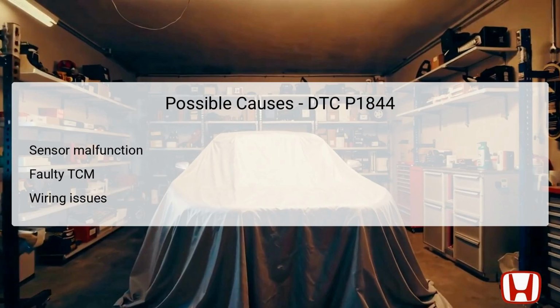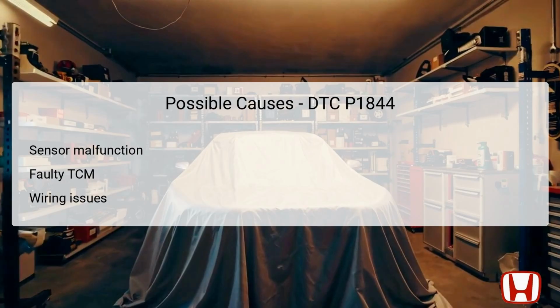The malfunctioning CVT drive pulley speed sensor is a primary cause of DTC P1844. When the sensor itself fails, it may send incorrect voltage levels to the TCM, leading to discrepancies in expected versus actual performance.